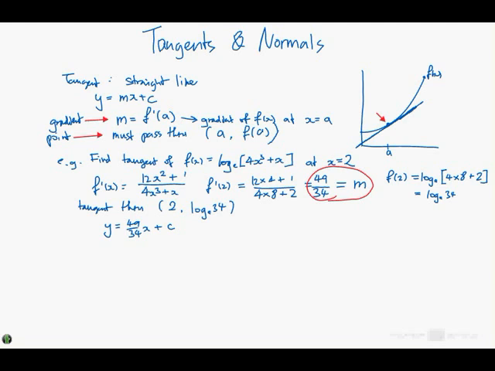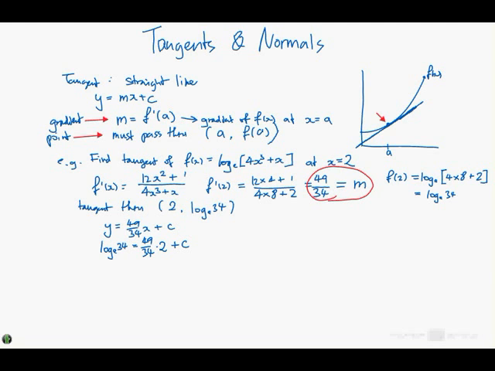And to find c, what do you do? You sub in a point, right? You know that y at this point is log base e of 34, which equals 49 on 34 times, what's x? 2, plus c.